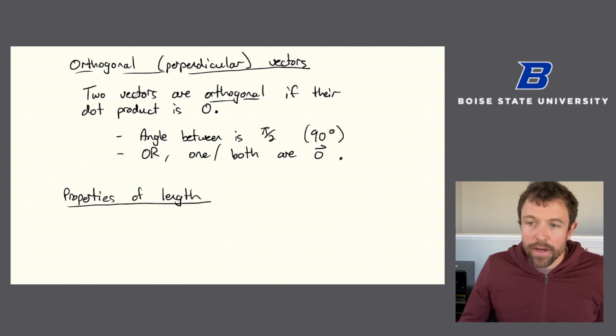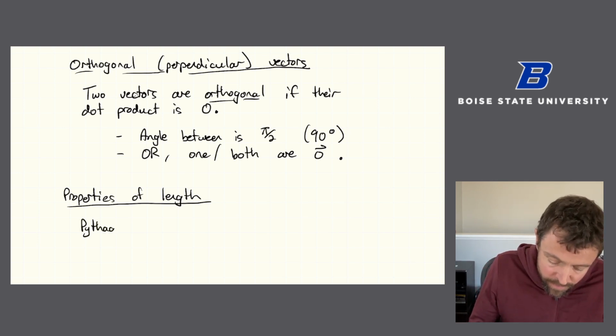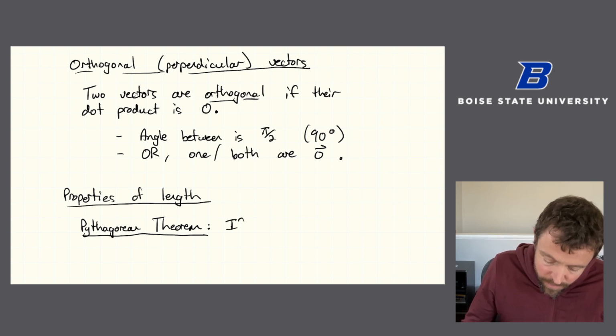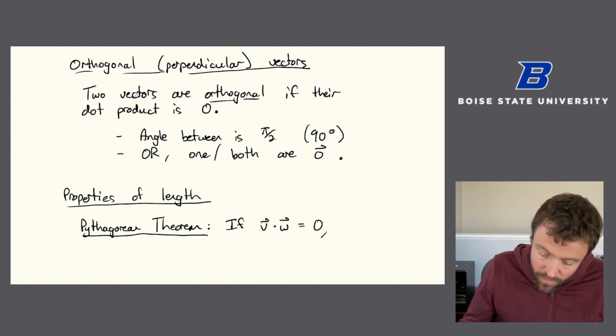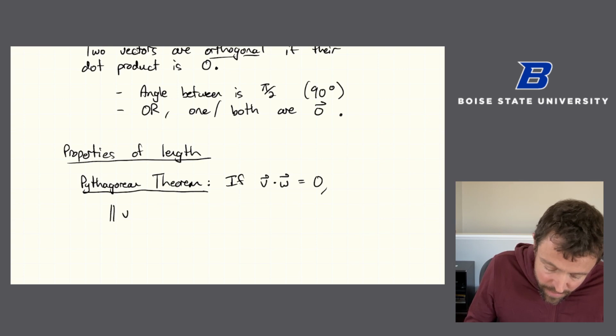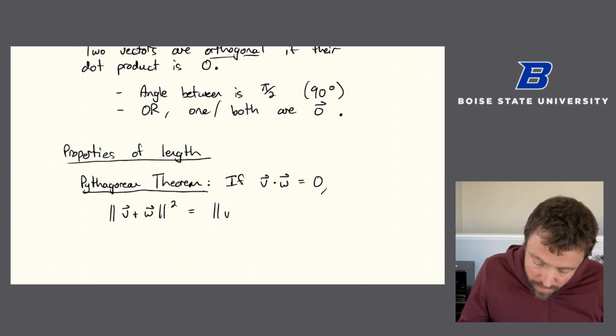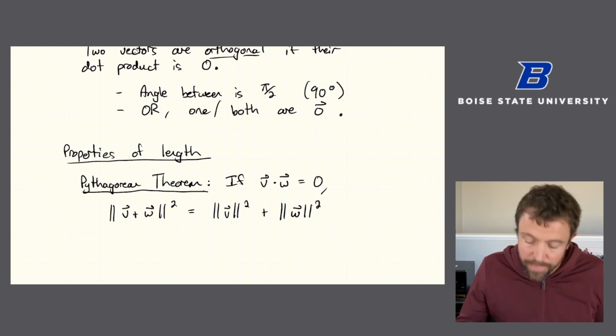The first one is that the Pythagorean theorem works in higher dimensions. If two vectors are orthogonal, so if their dot product is 0, then when we add them together and square it, that's the same as separately squaring the lengths of the vectors and adding those numbers together.